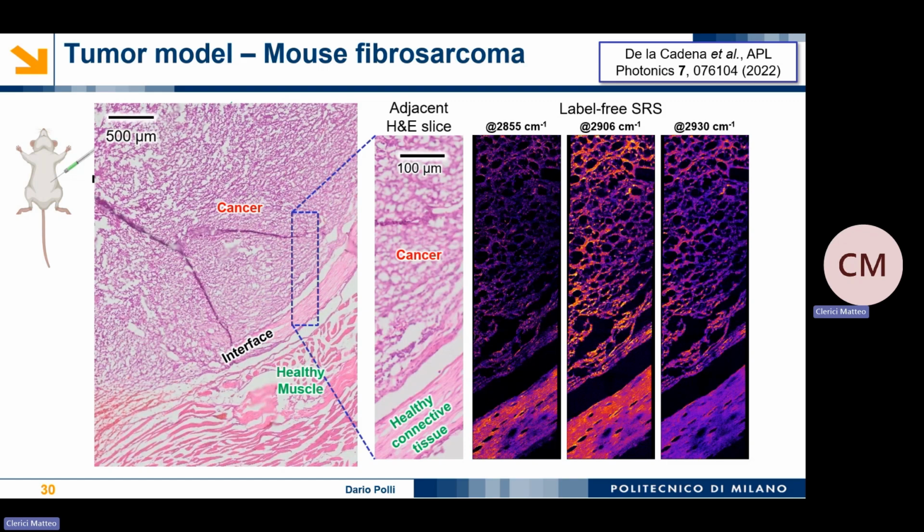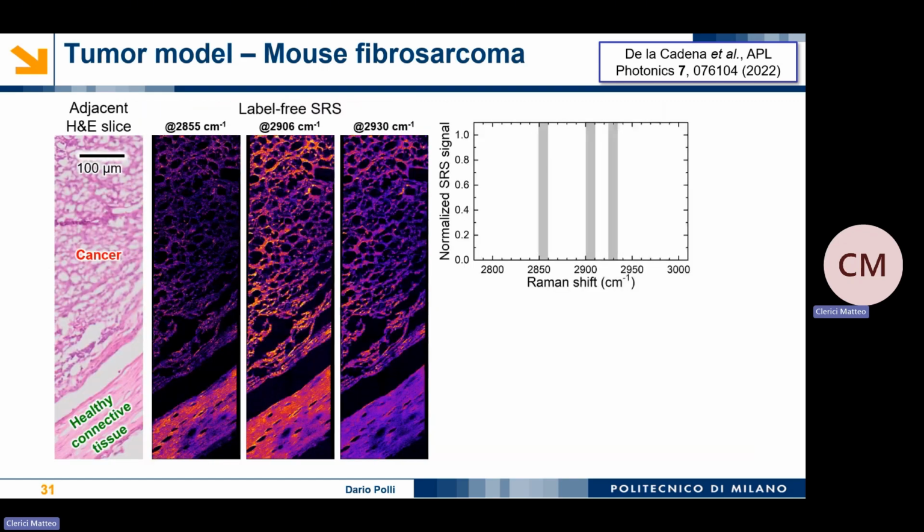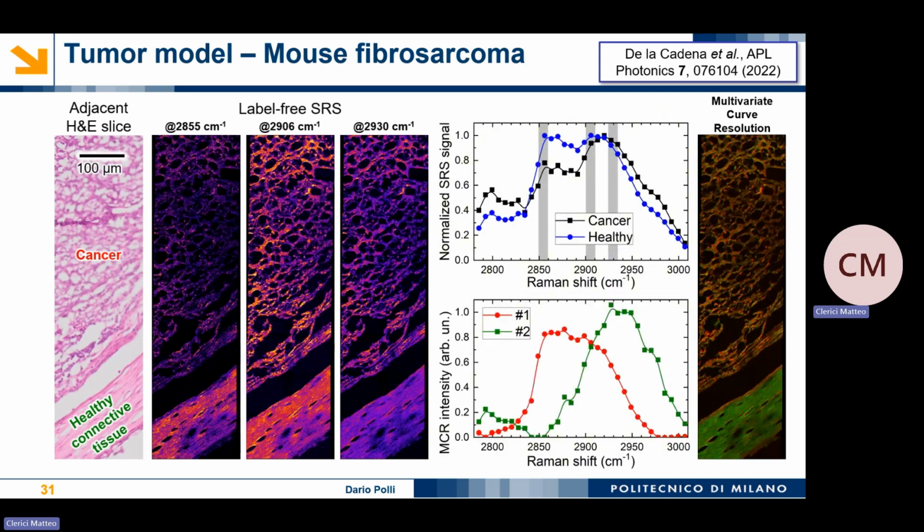These are 3 images at 3 Raman shifts, but we have more than that. We have 32 channels. So if we plot the average spectrum of the cancer area and the healthy tissue, we can do a multivariate curve resolution analysis to distinguish the cancer here in red associated with this spectrum and the healthy tissue here in green associated with this spectrum. So we can identify the tumor regions with respect to the healthy regions in an unsupervised manner.